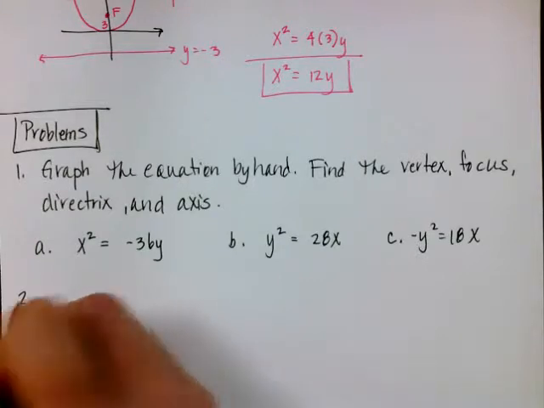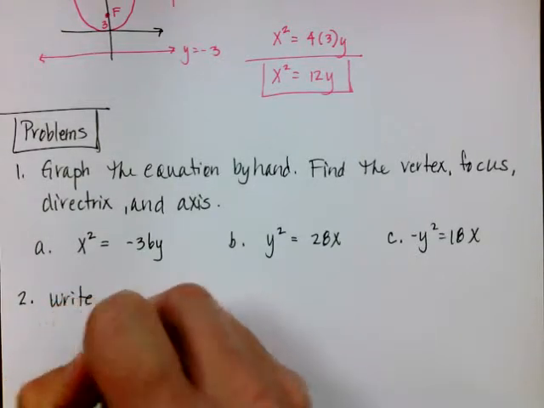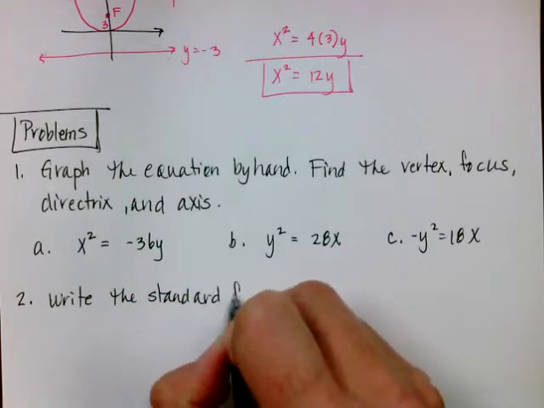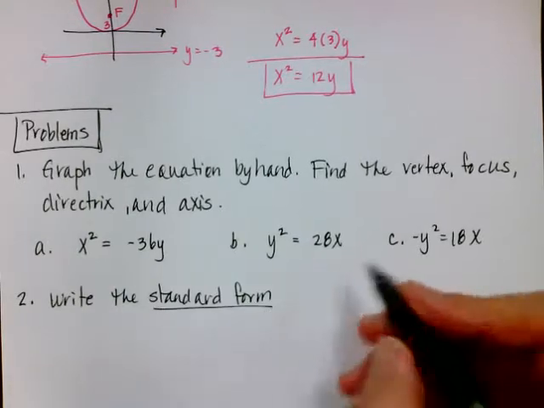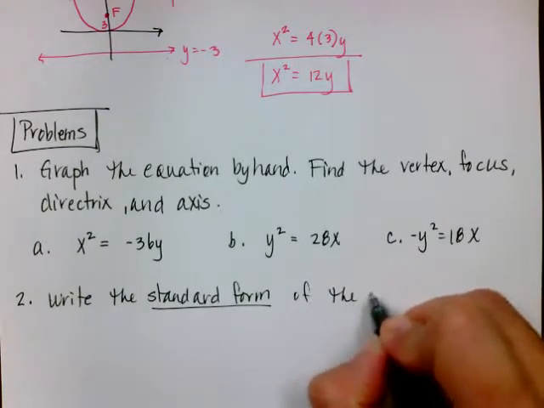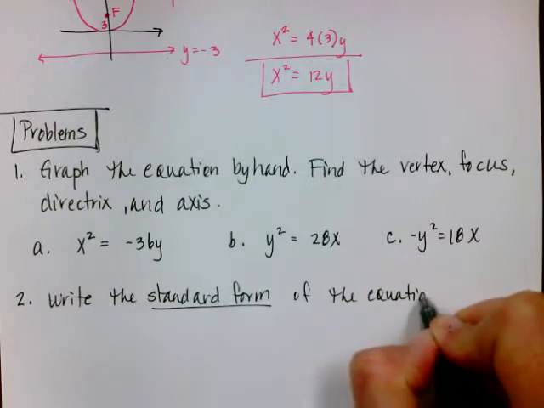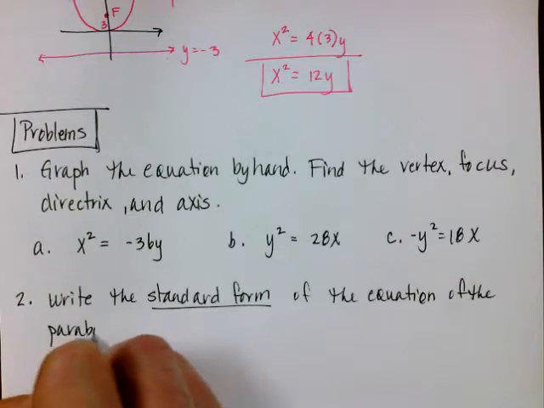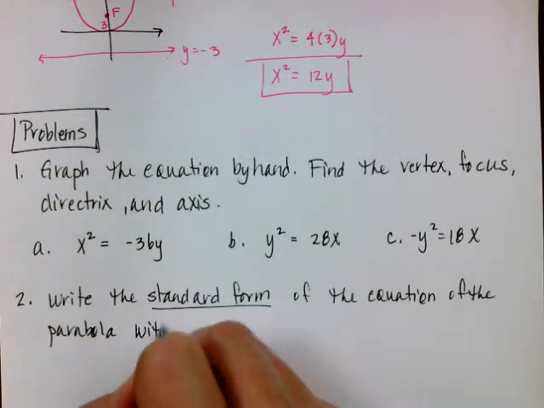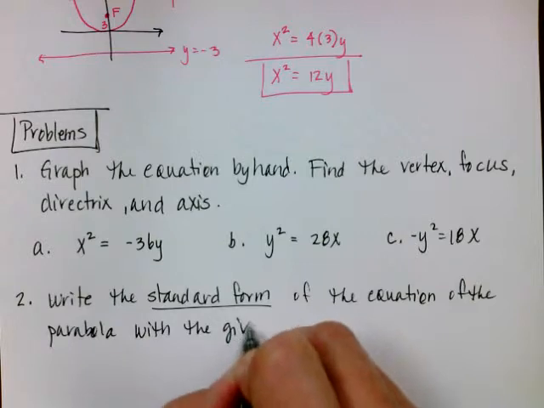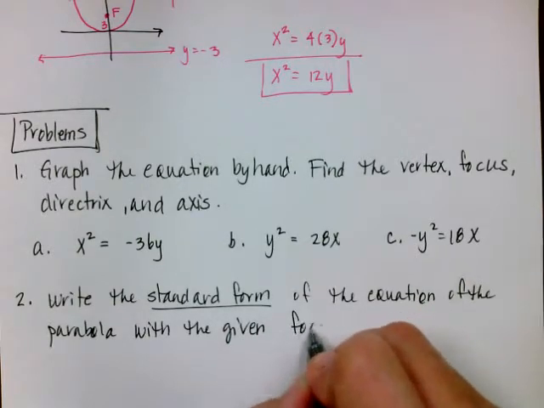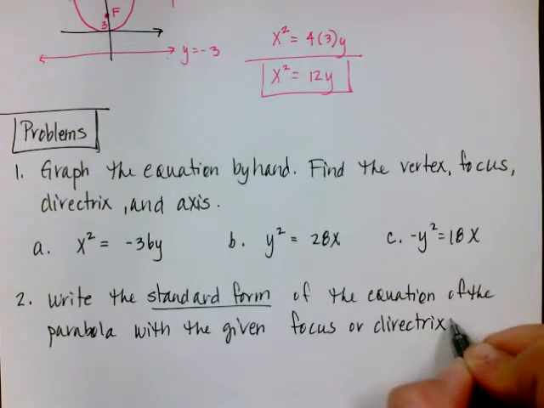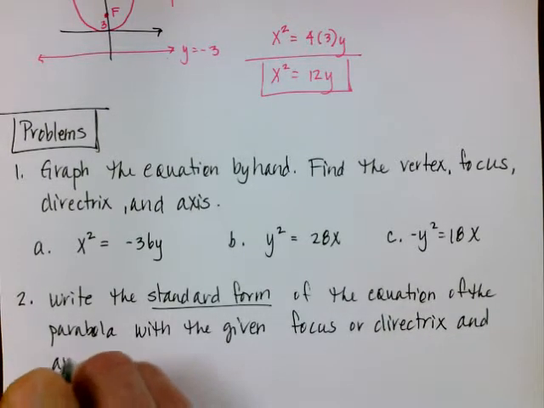And then your second problem says write the standard form of the equation of the parabola with the given focus or directrix and a vertex of 0, 0.